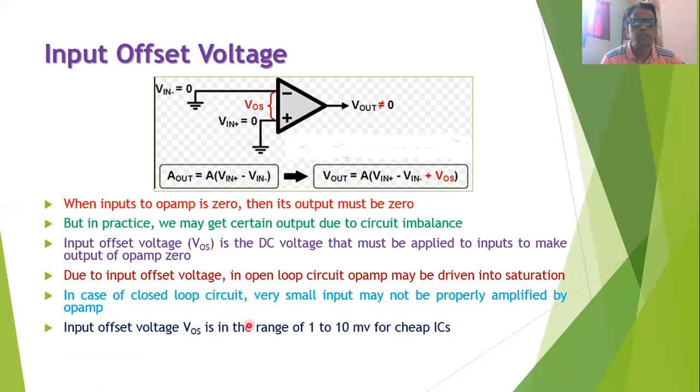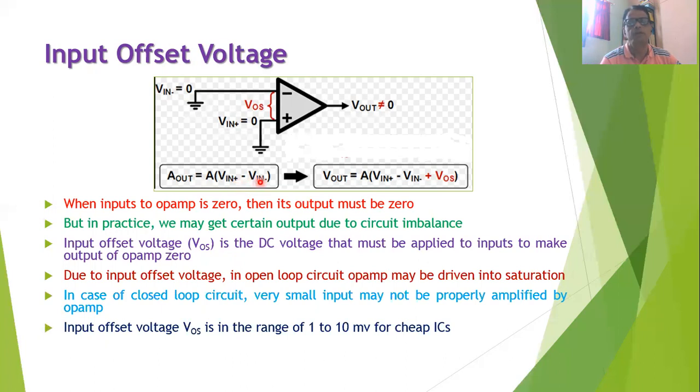Input offset voltage is very small, and if you practically measure it, you will find that it is certain millivolts. Normally in case of IC 741, this input offset voltage is in the range of 1 to 10 millivolts. As shown in this diagram, the output of the operational amplifier can be given as gain multiplied by the difference between the two inputs.